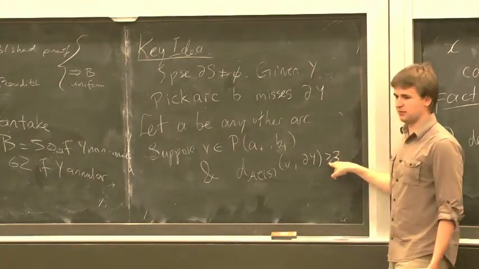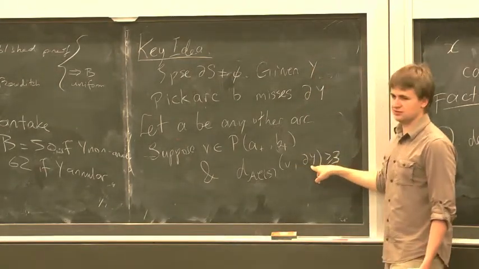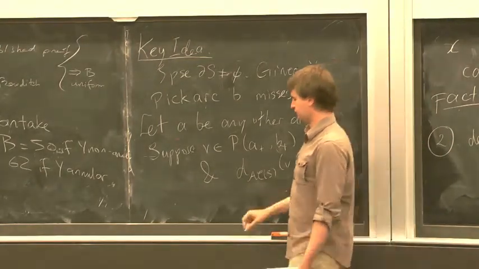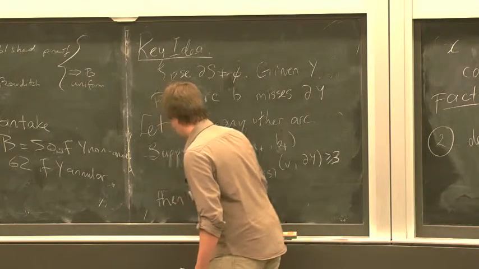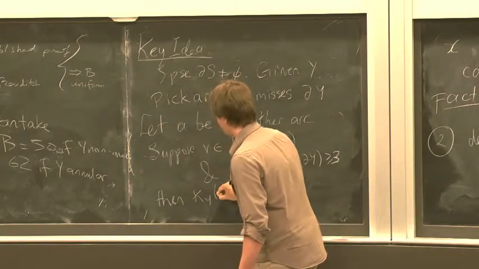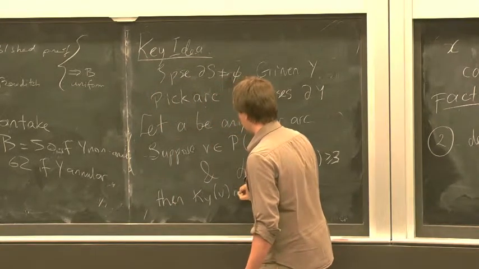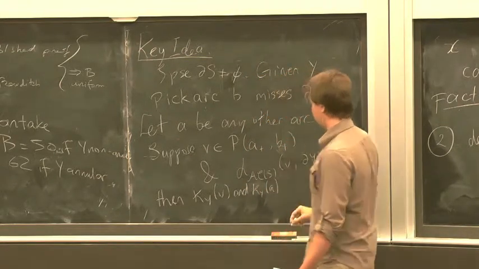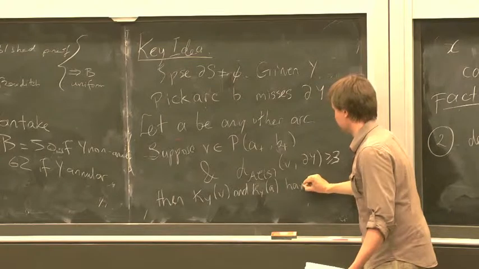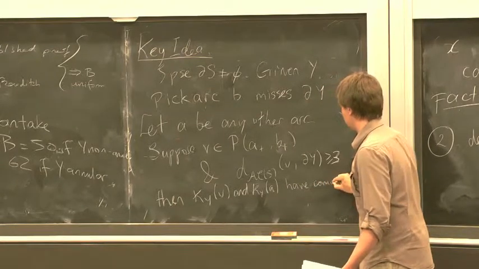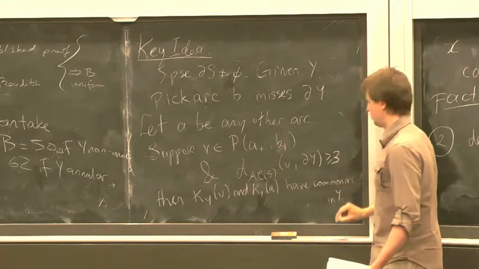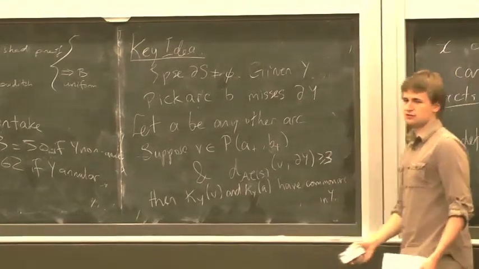This here is just to make sure that this guy intersects this guy enough. That's what's in C. And the conclusion is that when you project V and you project A, they have a common arc.